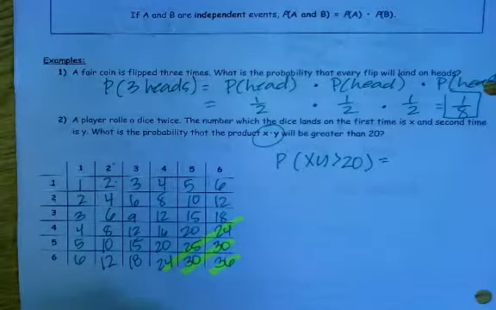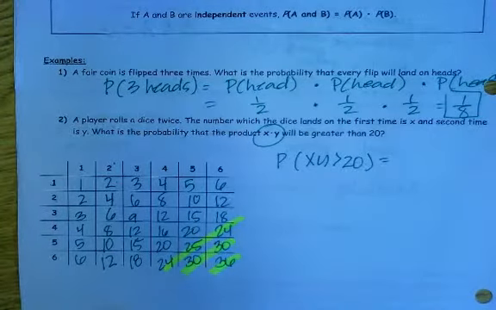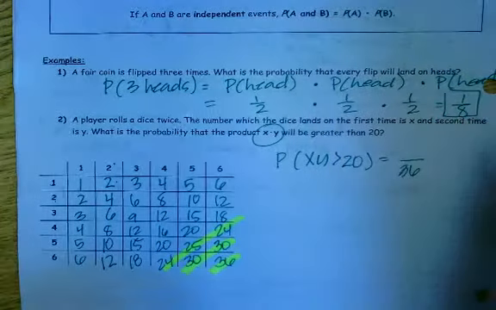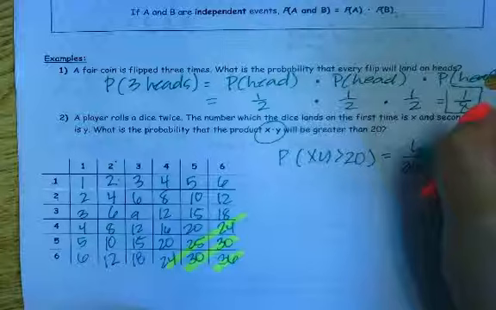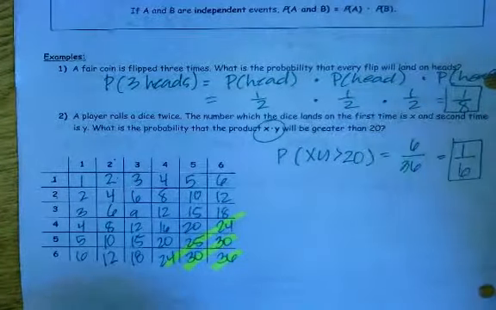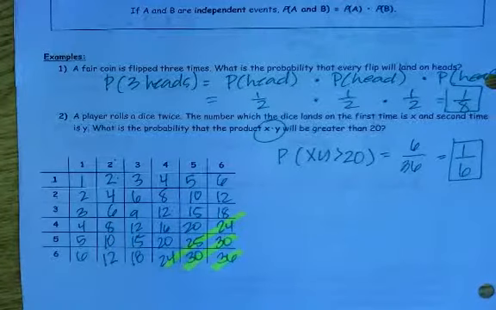How many total squares did you have? 36. And how many greater than 20? So what is your probability? 1/6. You always want to make sure your probabilities are reduced, if possible.